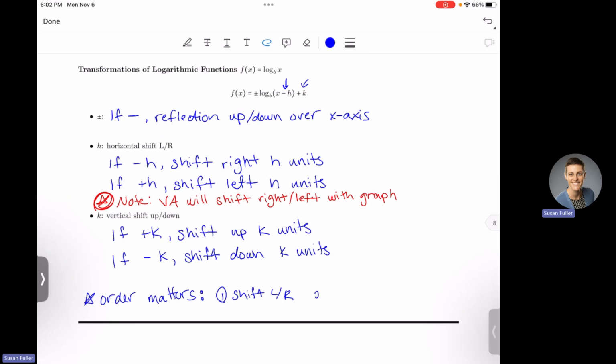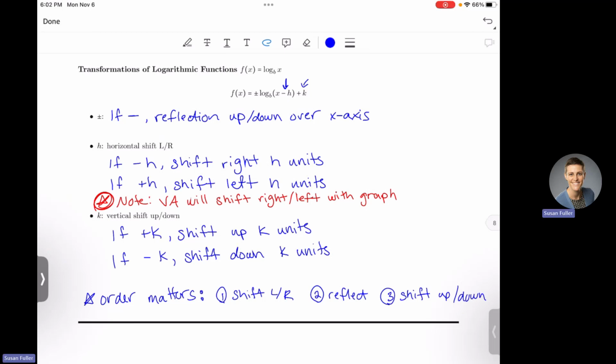And then after you do your horizontal shifting, you will do any reflections that you may have. And the last thing that you're going to do is vertical shifting. That should be the last thing that you do. So you will shift your graph up and down last. As long as you do it in that order, you'll be good to go.